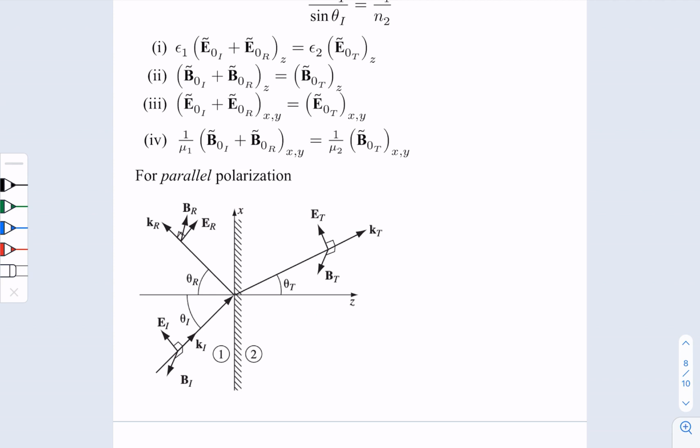For the in plane case, I call it the parallel polarization. So what I mean is that the incident light is in the xz plane, and the B field can be pointing out of the screen.